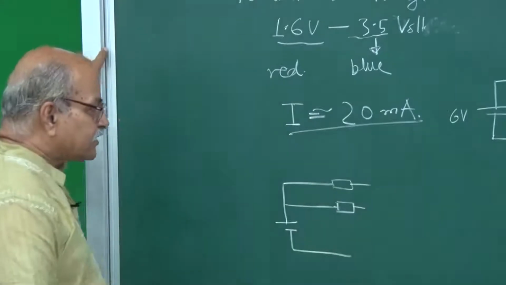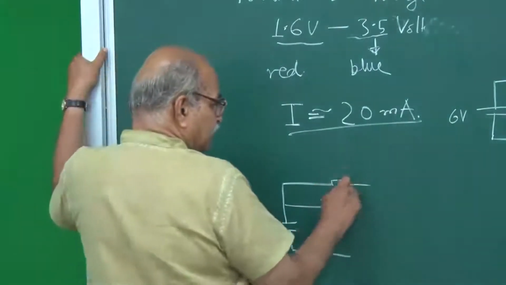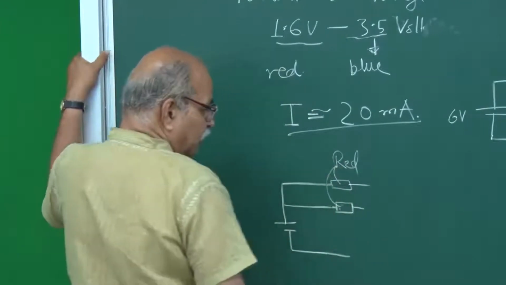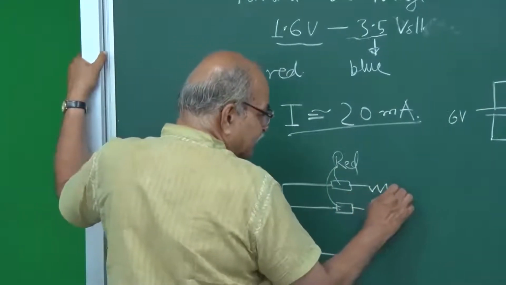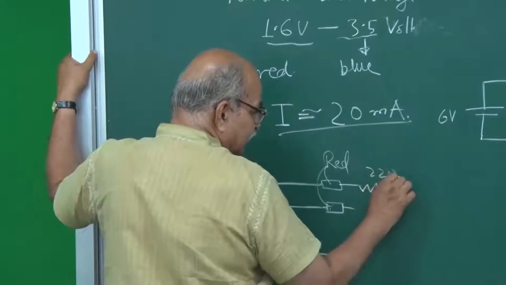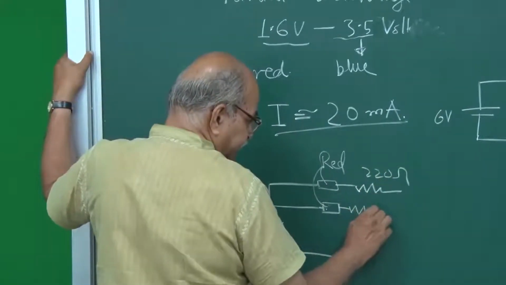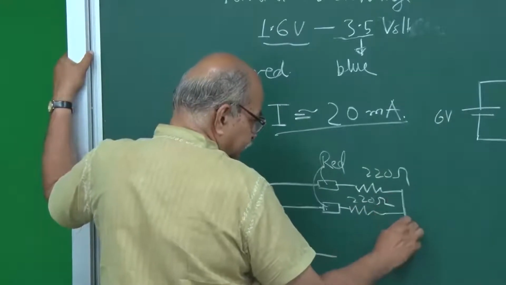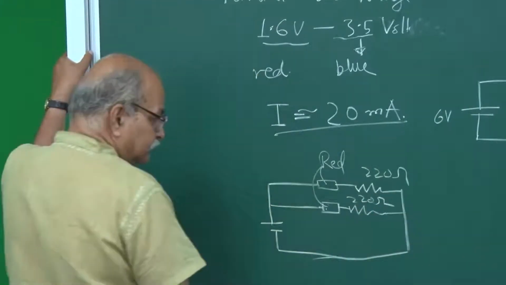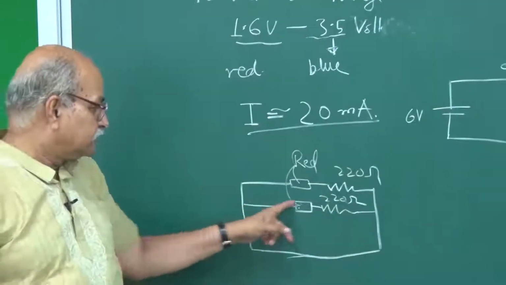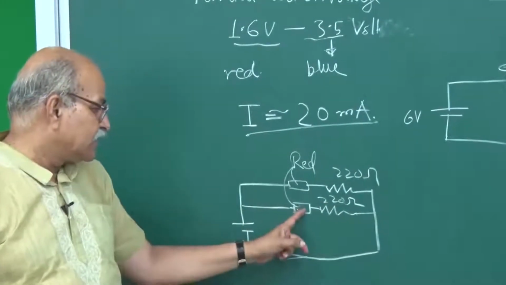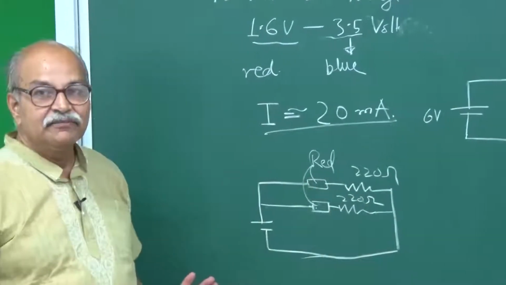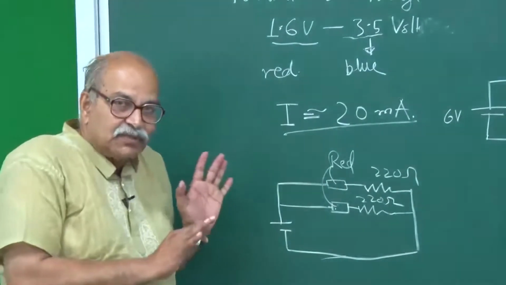Now, if both of them are red, to protect them separately you will need a 220 ohm resistance here and a 220 ohm resistance here, so that this branch ensures that 20 milliamperes goes here, and this branch ensures that 20 milliamperes goes here. So, these things one should take care of.